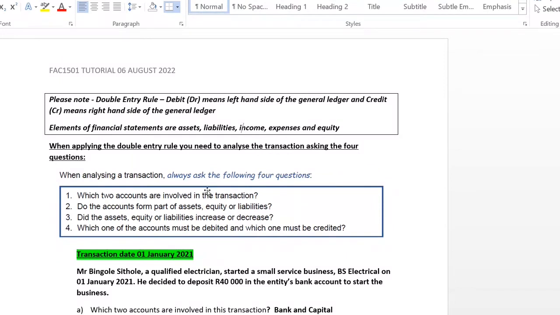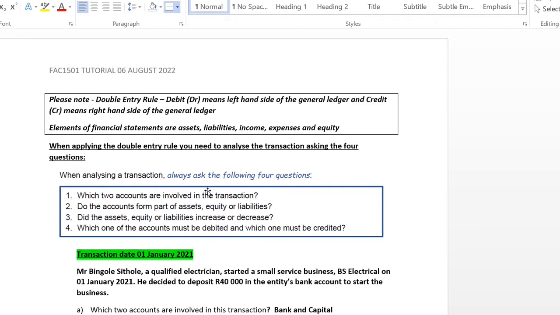In the other example of VW, whereby you, the bookkeeper of VW, bought stationery for the company at Waltons, when you buy your expenses from Waltons, your expenses are increasing.